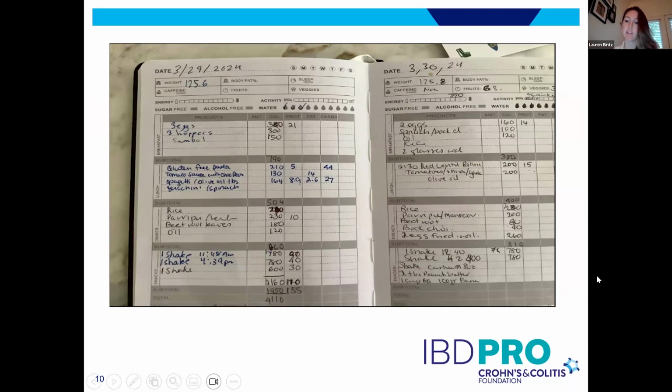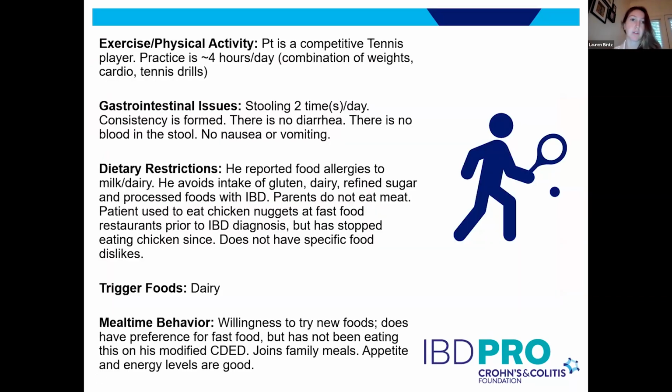So this was really good information for me to have. This is a patient that was really doing a great job with his diet, considering the diet he was on. He was also a competitive tennis player, practicing on average 4 hours a day.